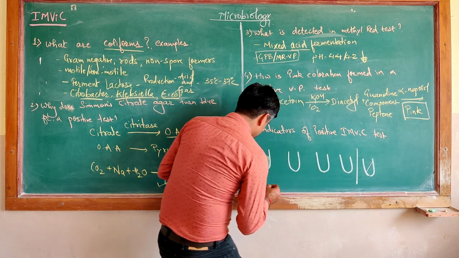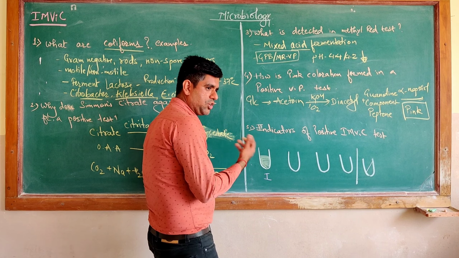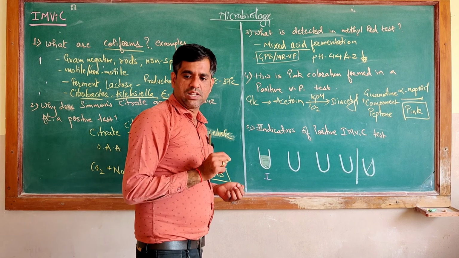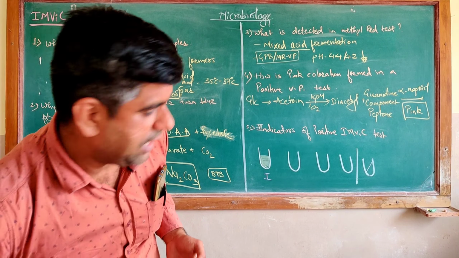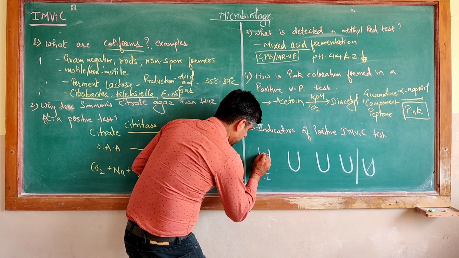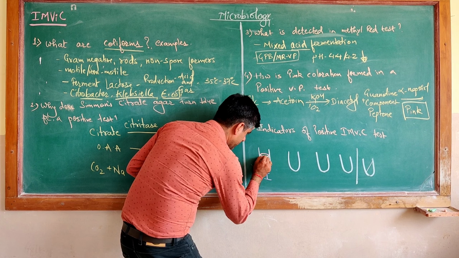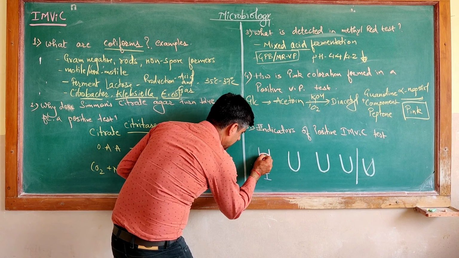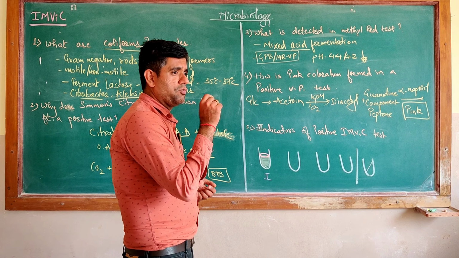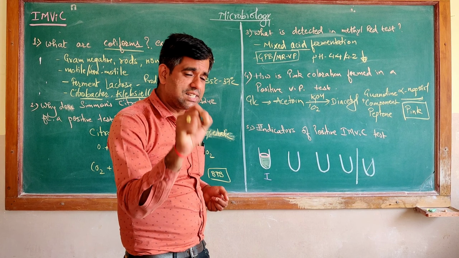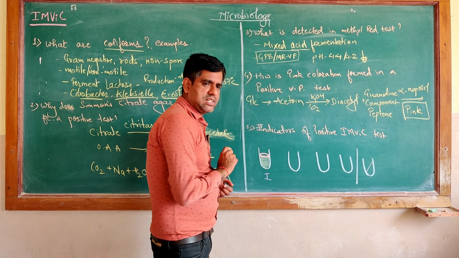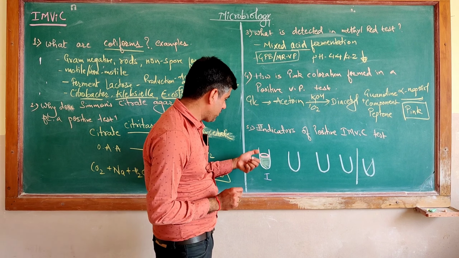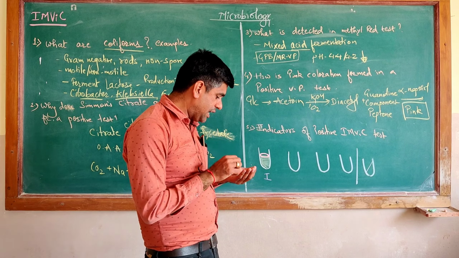After inoculation and incubation for 24 hours, and after addition of xylene, if there is formation of a pink ring after addition of Kovacs reagent, then this test is positive. Kovacs reagent gives a pinkish coloration if indole is present.